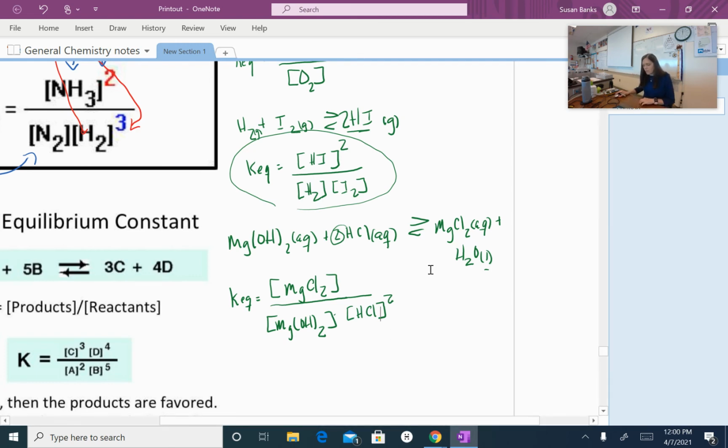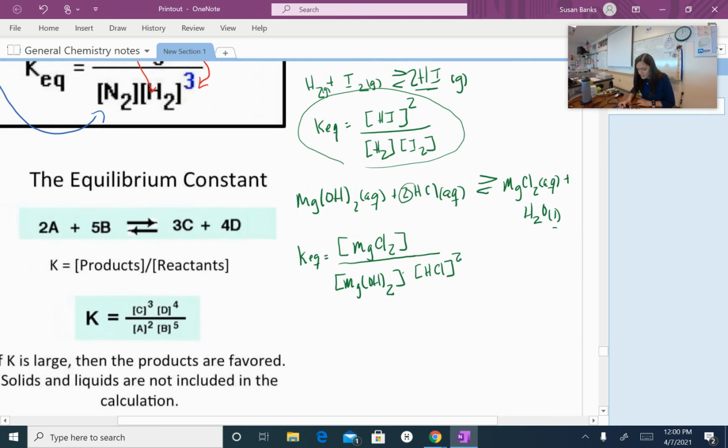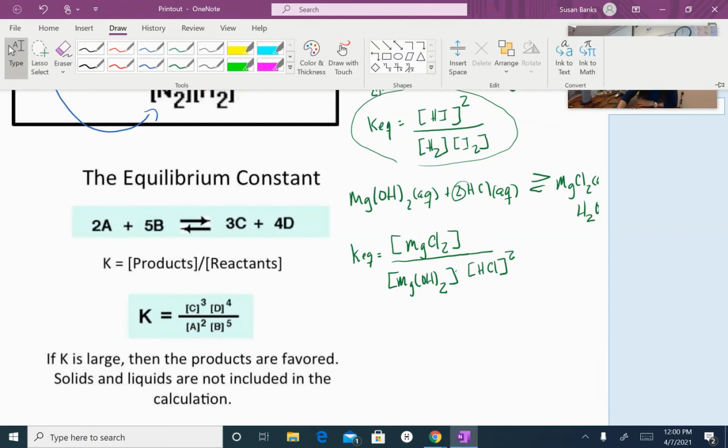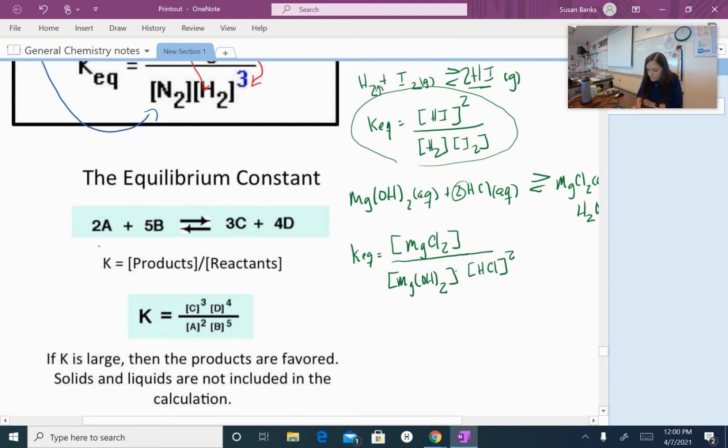Okay, so let's look at this example once again here. We've got another generic equation. We have 2A, 5B, 3C, 4D. We're going to assume that all of these are in the gaseous state. So remember, our equilibrium is always products divided by reactants, and coefficients become exponents.